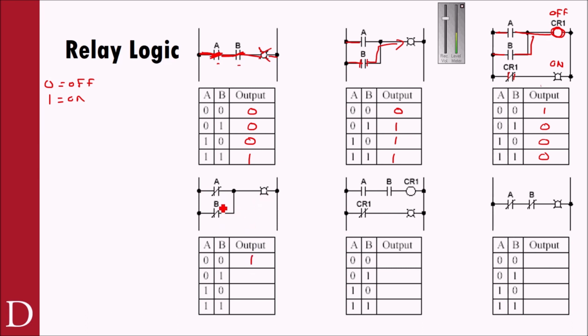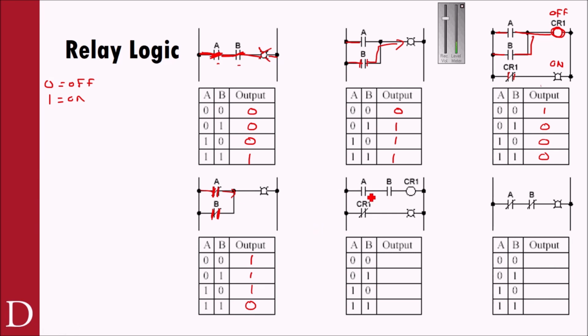Because these are both off and they're shown in the de-energized state, so I can get through, right? Or if A is off, I get a 1, or if B is off, I get a 1. The only way I don't get a 1 is if I energize A, then this opens. And if I energize B, then this opens. And now I no longer can get through. And so I have a 0 output.